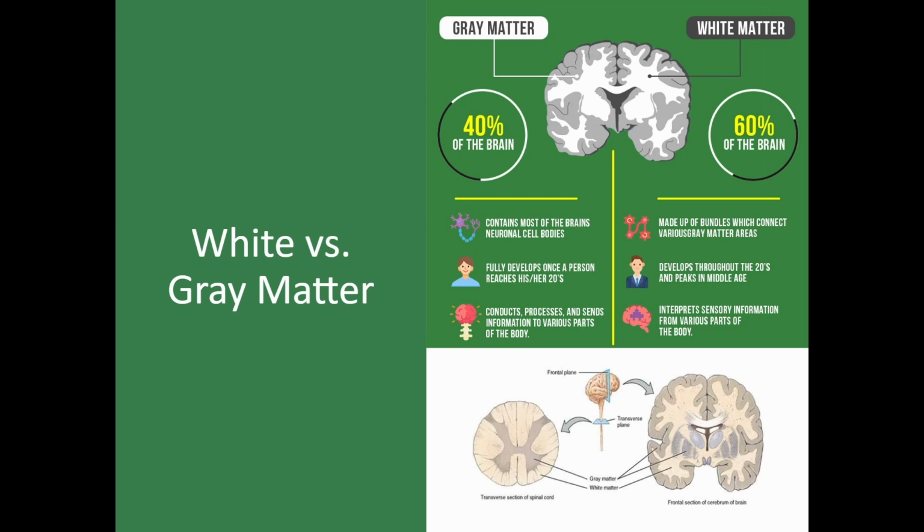Whereas the white matter tends to be used to get sensory information to the brain or send motor information back to the body. So the thinking part of the brain is the gray matter, and the white matter is all of the conduction pathways, essentially the neuron highway.